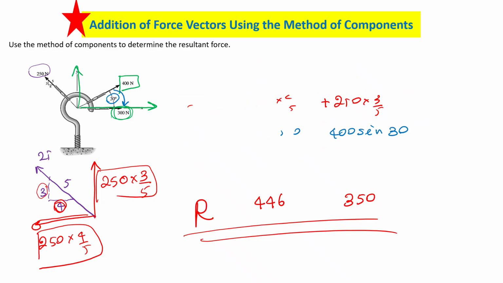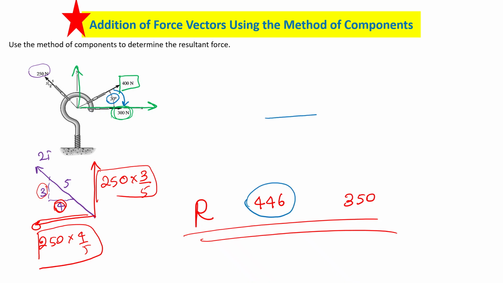So how do you use these 2 components to find the resultant? So x positive, am I right? In the x direction you have 446 positive newtons, and then you use the vector diagram method now. In the vector diagram method, to find the resultant, you draw the components from start to end.